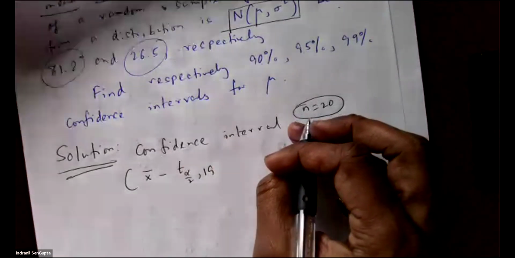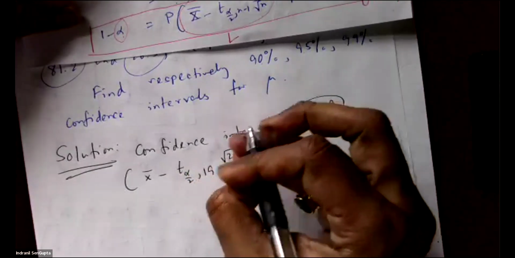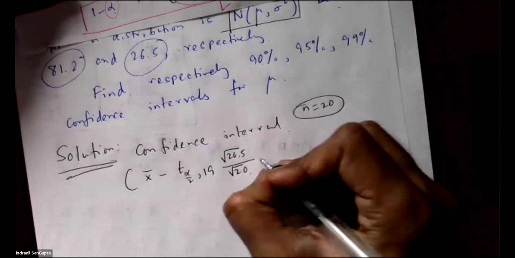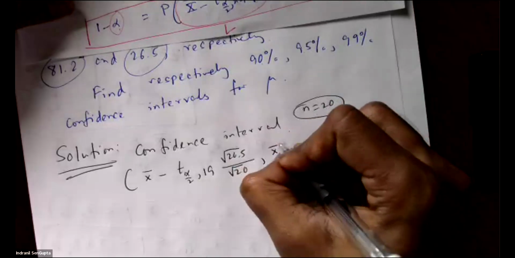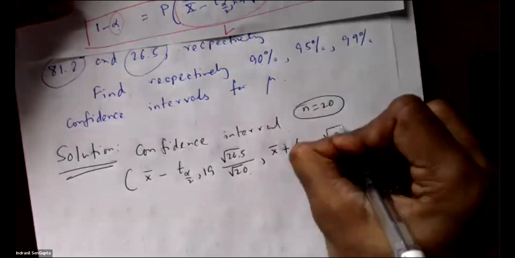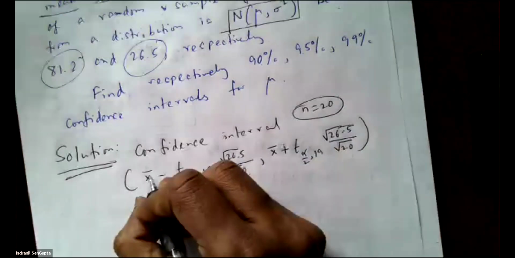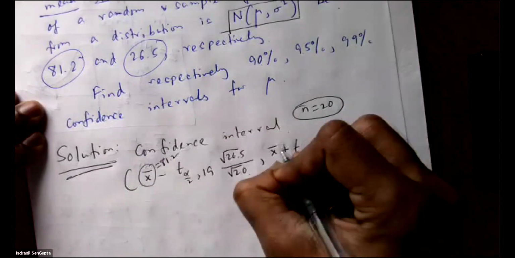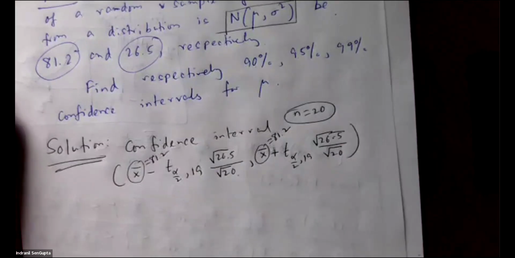What is s? s is the square root of 26.5, over square root of 20, to x bar plus t of alpha over 2, 19, square root of 26.5 over square root of 20. And I should have also replaced x bar. X bar is actually 81.2.